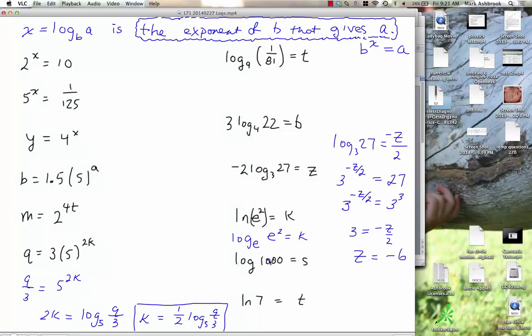Any natural log of anything is some exponent of e. In this case, it's the exponent of e that would give e squared. What's the exponent of e that would give e squared? 2, right? So k is 2. So ln of e squared is 2.